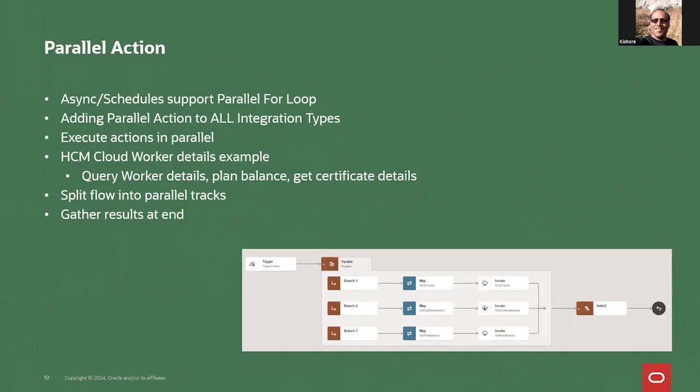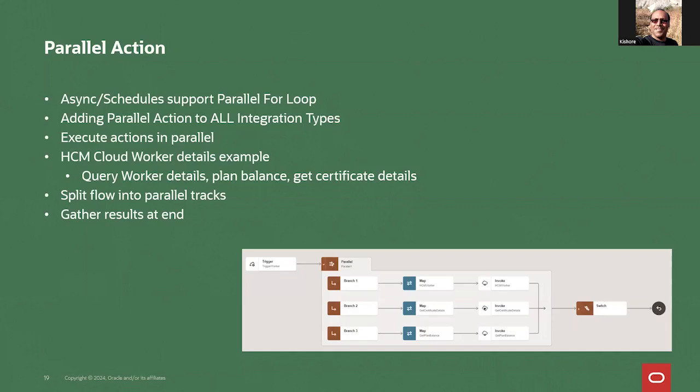So when you see all of these invocations are disjoint invocations, you can straight away design them as parallel actions. Parallel actions allow you to create separate branches in a particular scope, and when all of these branches are completed, they merge and transfer to the next activity. So what you're doing is splitting the flow into parallel tracks, and then gathering the results at the end of the parallel branch and forwarding them to the next activity.